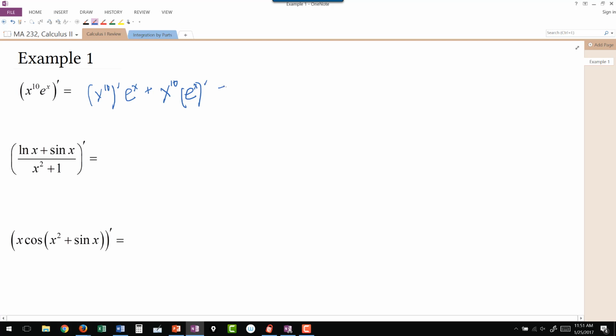So now we use our power rule to figure out the derivative of x to the 10th. That's 10x to the 9th. That's times e to the x plus x to the 10th.